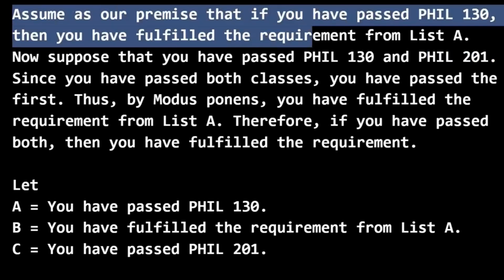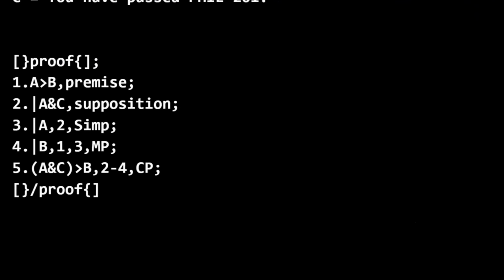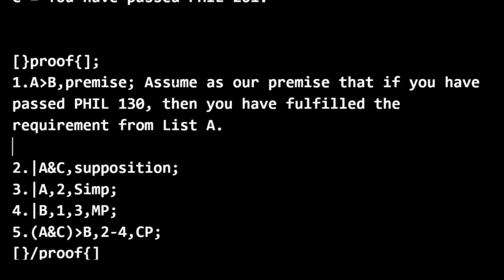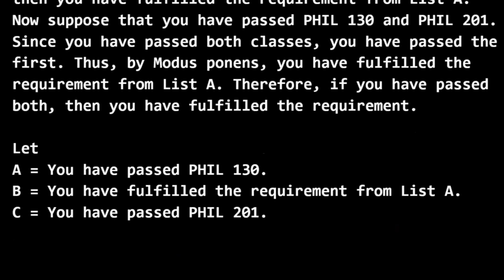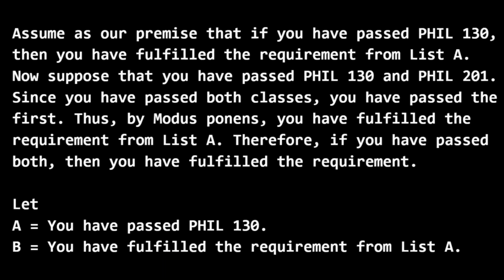So let's take this first sentence and let's put it right into this structure here. So this is the premise. If you have passed 130, then you have fulfilled the requirement. And then we have this next sentence.